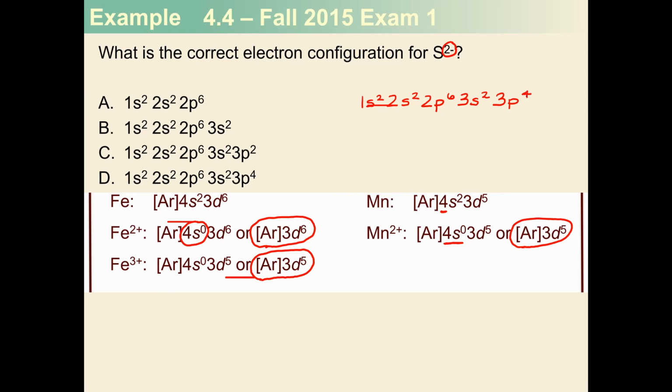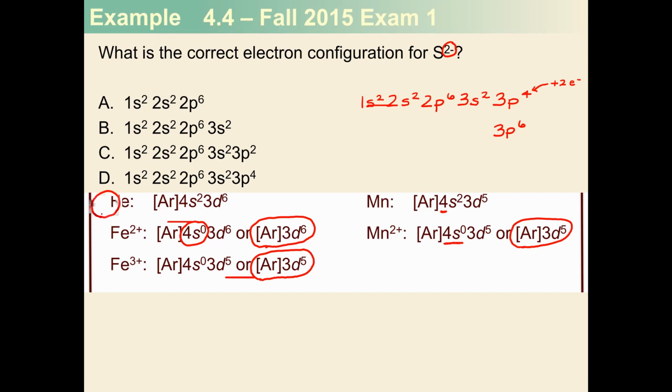But now because I have the 2-, I need to add 2 more electrons. I am going to add those to my 3p subshell. So if I add 2 more electrons, I am going to end up with 3p6, and this will give me the correct answer of letter E.